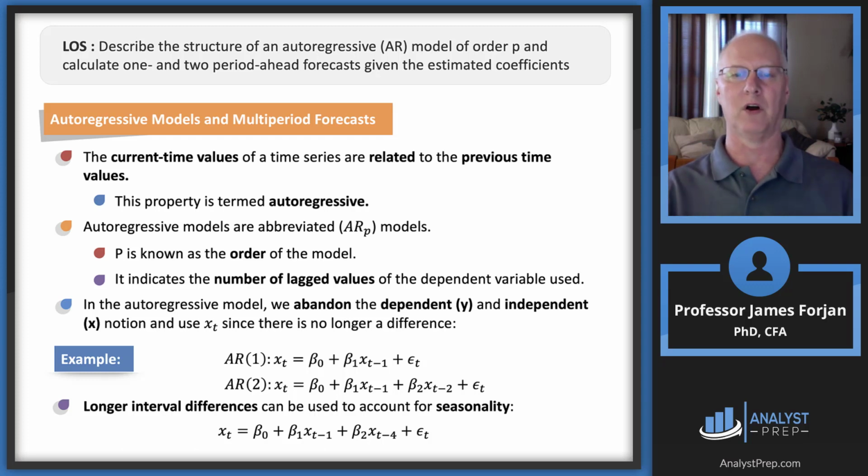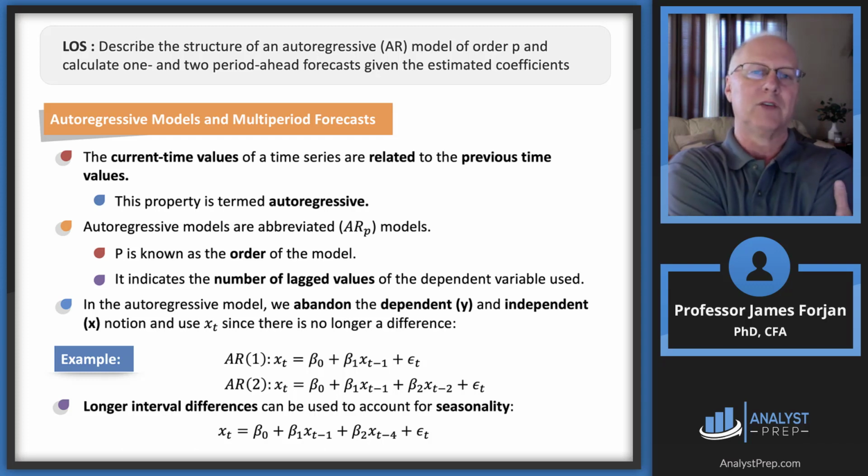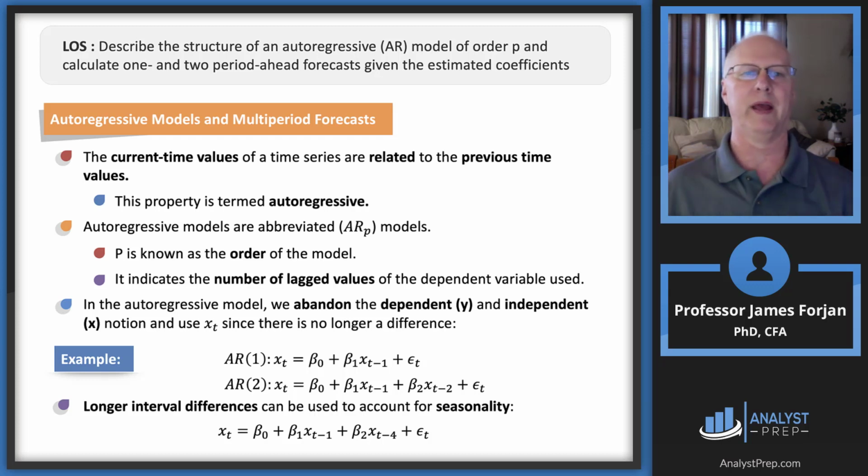All right, let's pause on that covariance thing that we just talked about. And let's go ahead and take a look at a model here. So here we have an autoregressive model. What we're saying here is that instead of the dependent variable being related to time being 1, 2, 3, 4, now we're saying that the dependent variable is related to what happened yesterday or last week or the day before with that same variable.